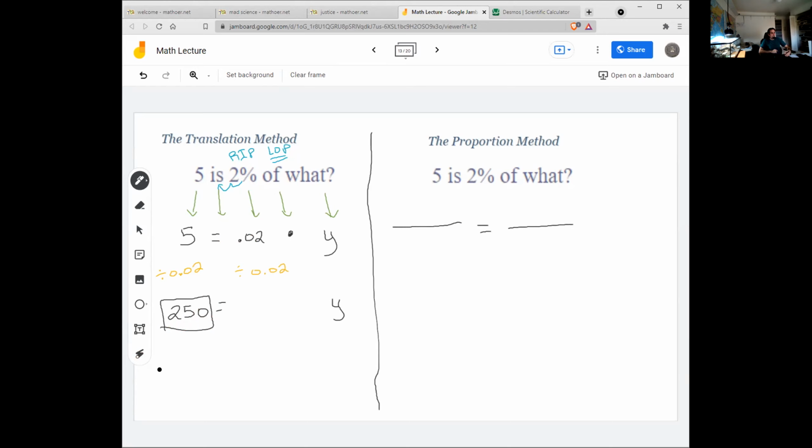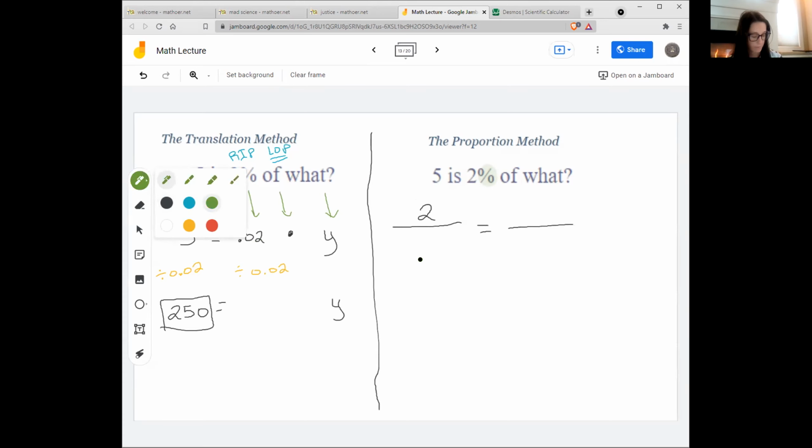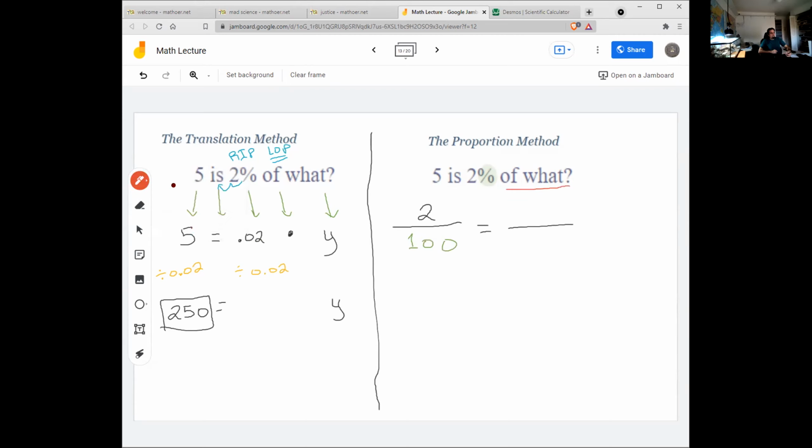Somebody tell me what to do. The left side, the left one is the percentage. So it would be 2 over 100. Then I have of something.